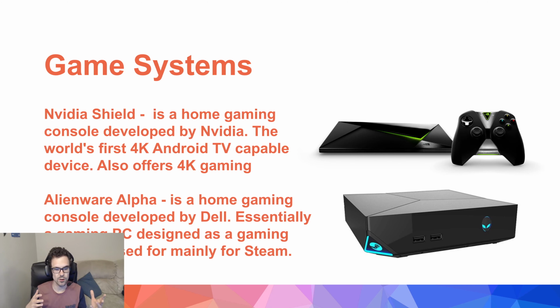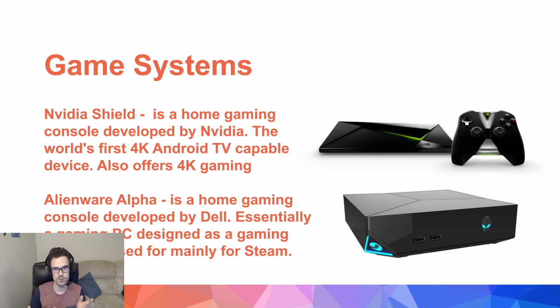There's still other people that, and here's a different one, Alienware Alpha, and basically this is a game system designed for the Steam platform. The Valve Corporation has a ton of games in their library, and Dell has kind of linked up with them.